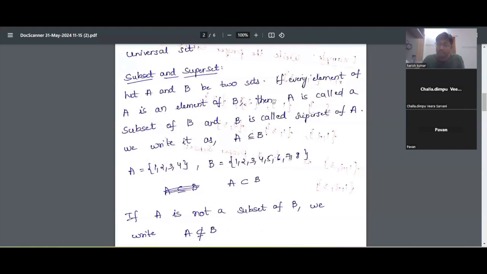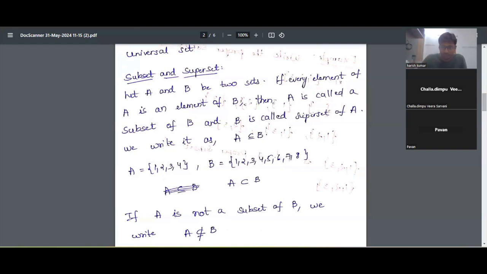But here, if every element of A is an element of B, that means in set B there can be more elements, right? So that is 100% possible. But what we are saying is, if every element of set A is an element of B, then we call A the subset of B, and B the superset of A.